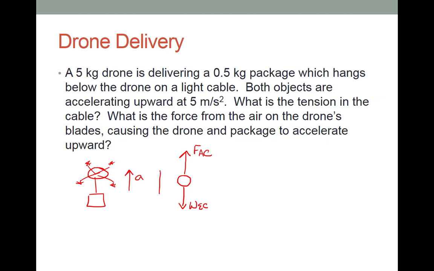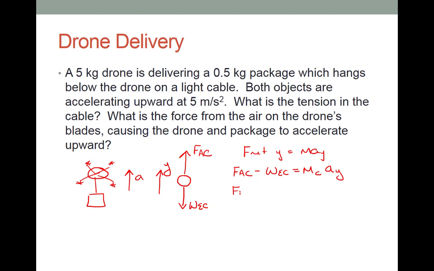I'm going to let the vertical direction be y and let that be positive upward. And if I apply Newton's second law on this, I get the force from the air on the combined system minus the combined system's weight has to equal the combined system's mass multiplied by the acceleration.